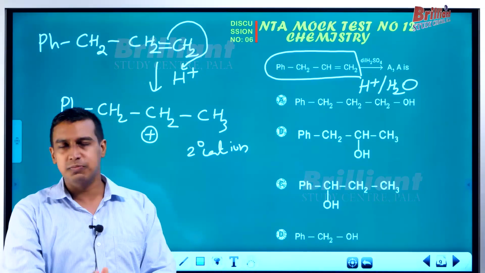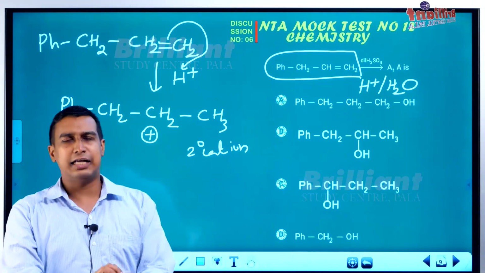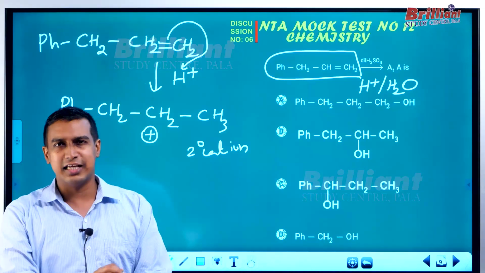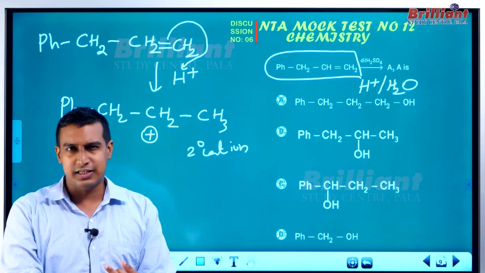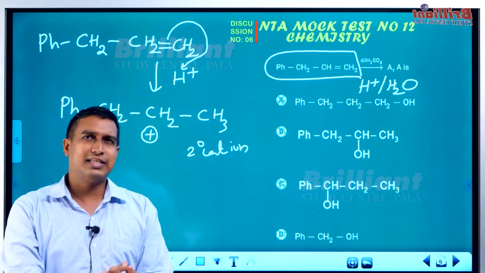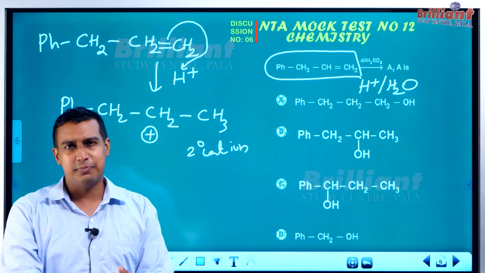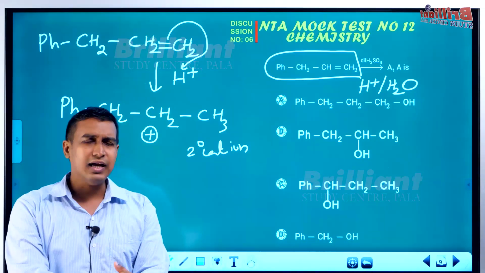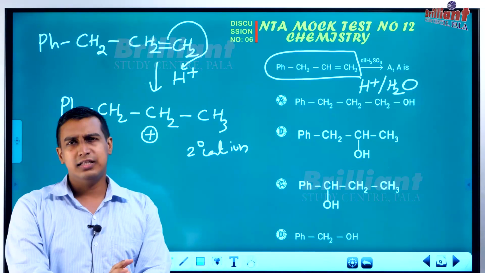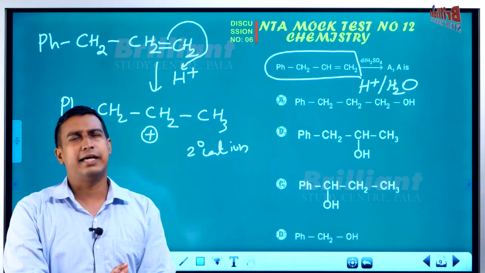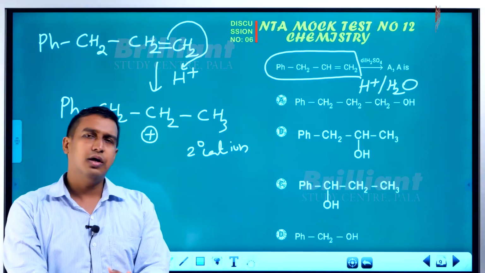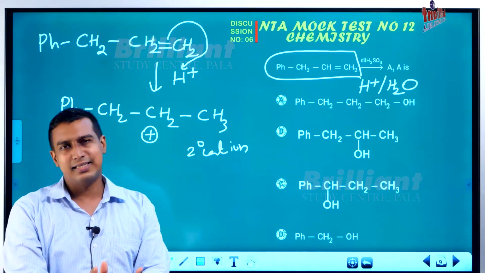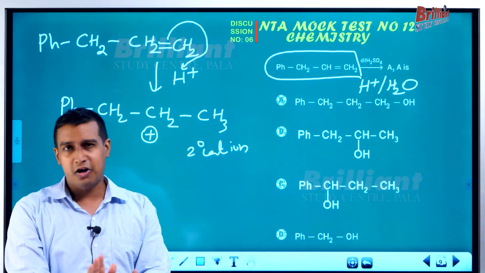Cations and radicals are the ones that rearrange. Cations generally undergo rearrangement, and radicals rearrange by resonance. You might have seen that rearrangement in the alkyl halide and aryl halide chapter, in the N-bromosuccinimide reaction. Otherwise, please know that only radicals and cations will rearrange, anions will not.